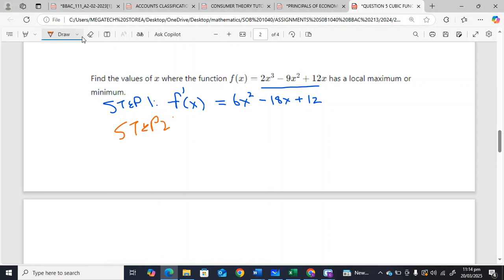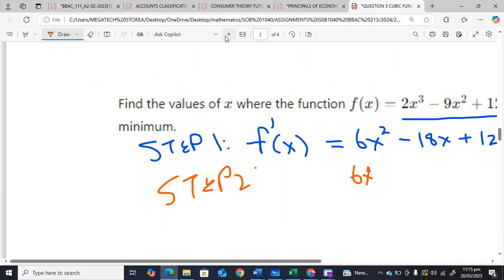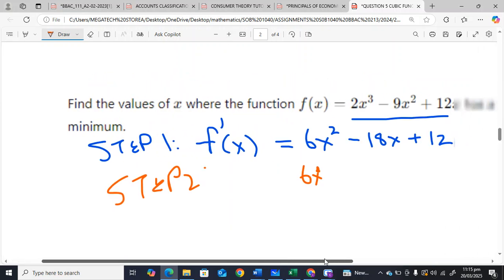So you're going to write 6x squared. Let me just bring it close here.